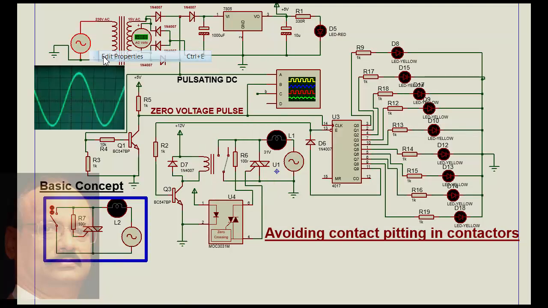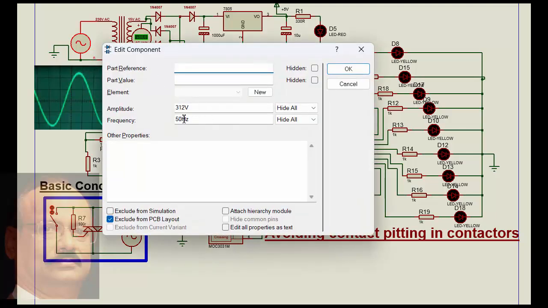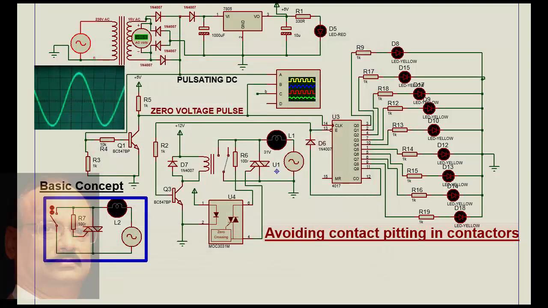Now let's change the frequency to about 1 Hz. Let's not look at this, because this is the basic concept which we are trying to explain. And here we have the contactor, or the relay which can drive a contactor, and the same circuit we have shown here, and we have used a zero voltage optocoupler.